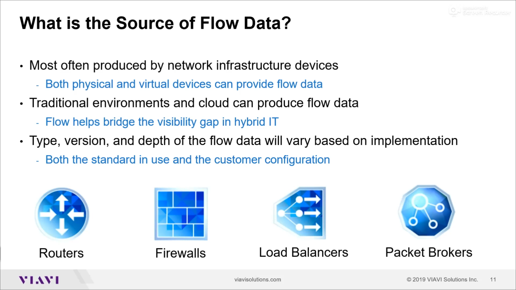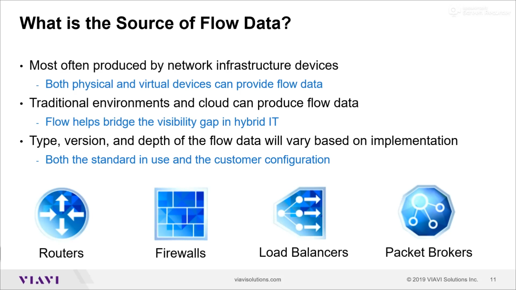The value there obviously being that you have consistent technology and consistent visibility in hybrid environments where you're leveraging both traditional on-prem, self-managed, hardware-based infrastructures, as well as off-prem, hosted, cloud-based environments.